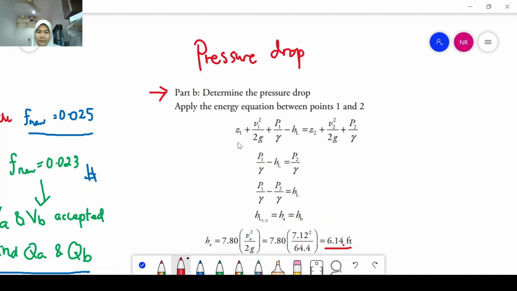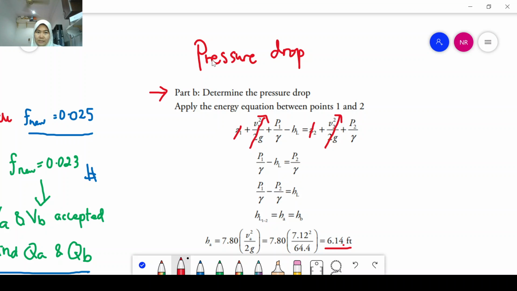So we have this energy equation, and you know that all these terms are 0. I mean, they don't have to be included. You can look again at the figure, and what is left now is only P1 over specific weight minus H loss that we calculated before equals P2 over specific weight.